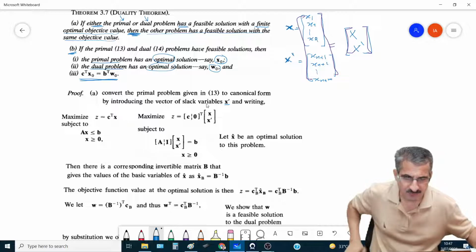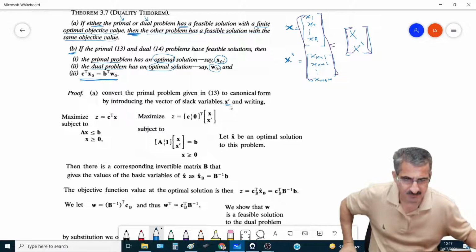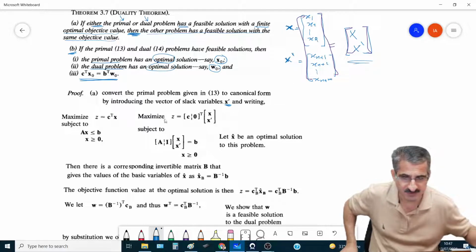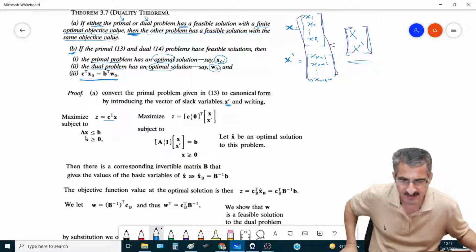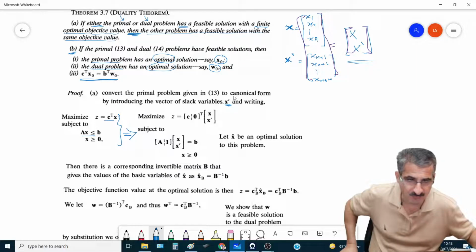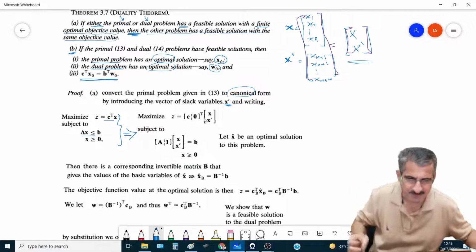Okay, so after introducing the slack variables, assume we have the x prime, then we have this thing here. And the problem says maximize. This is the problem in standard form, right? Now make it a canonical form, convert it to canonical, sorry.